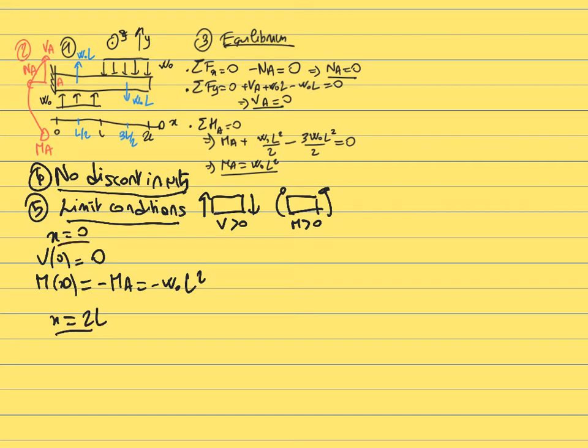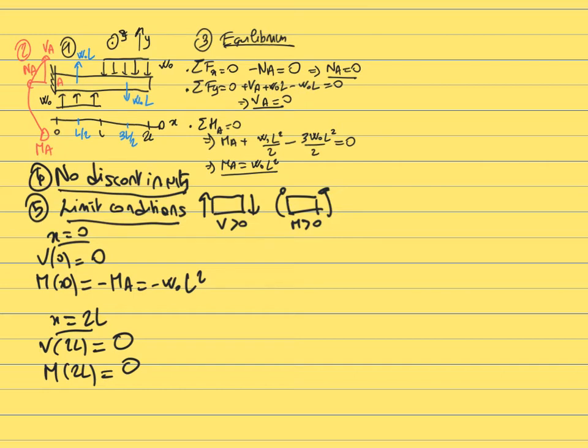Then we have the limit condition on the other side of the beam, at x equal to L. Same thing, we first want to see the value of the internal shear at x equal to L. In this case, this is a free extremity with no external shear applied at x equal to L, so the external shear is 0, so the internal shear will become 0. And same thing for the moment: at x equal to L, this is again a free extremity, so there is no external moment being applied, so the internal moment is going to be 0 on the right extremity.